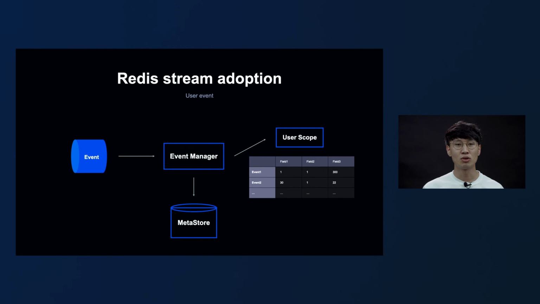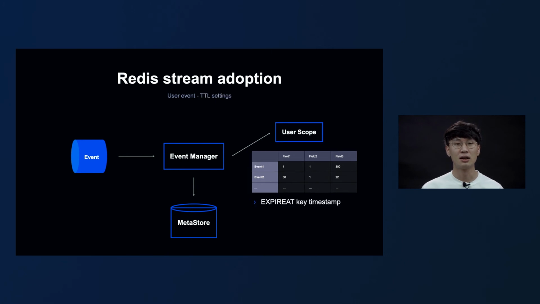Next, I will talk about in what formats events can be managed in the user scope. First, you would receive the channel settings through the event manager, and the event is notified to the user scope stream. The following is a more specific use case. Assuming you want to save a week's login history, in this case, the user's login stream is set up separately, and you can specify the expire at.